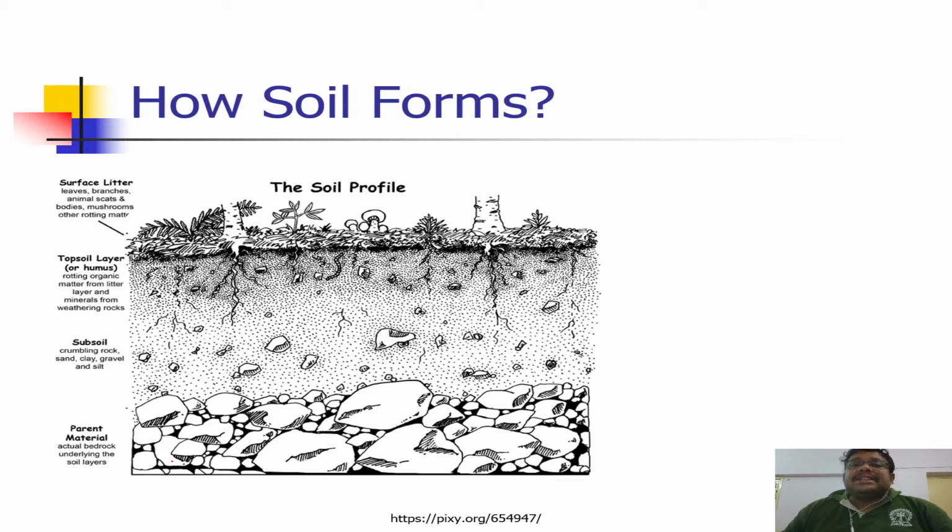These physical forces like temperature, water, and frost activity help in disintegration of the parent material, and basically these are the actual bedrock underlying the soil layers. So this parent material is the fragmented part of the rock from which the soil develops. Parent material is basically stage 1 of soil formation.